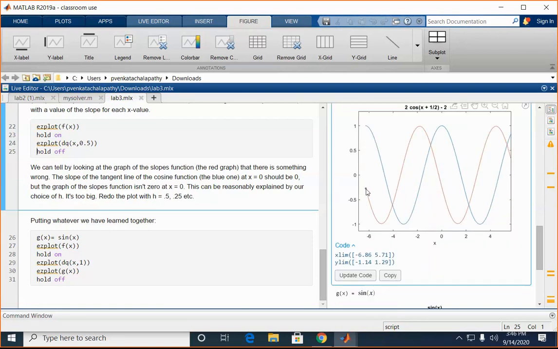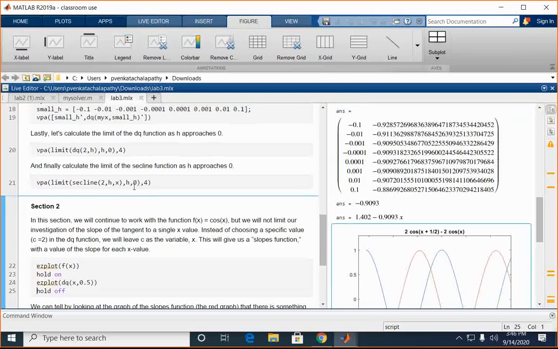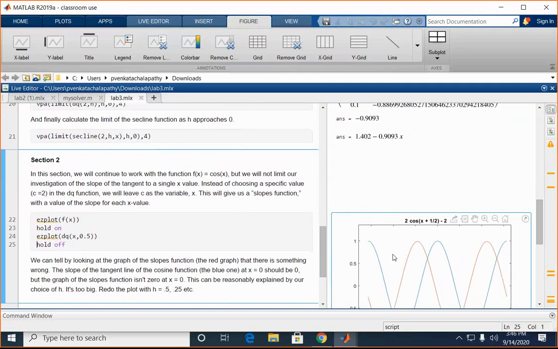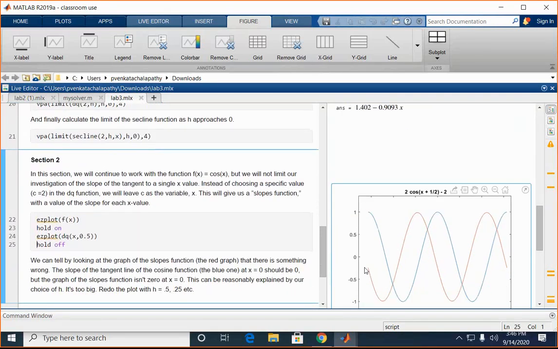This is not at all 0, right? So if you want your graph to approach 0, then your h must be very small. When your h is very small, the line touches the 0th line.